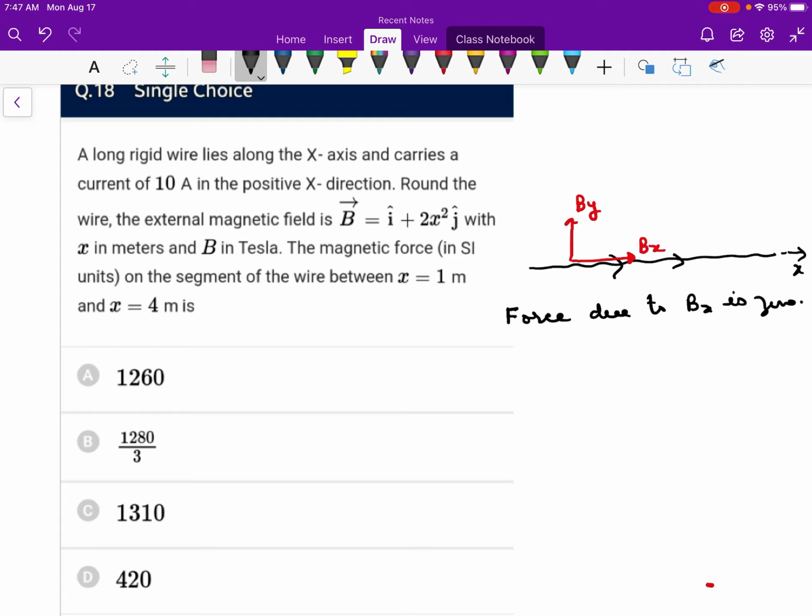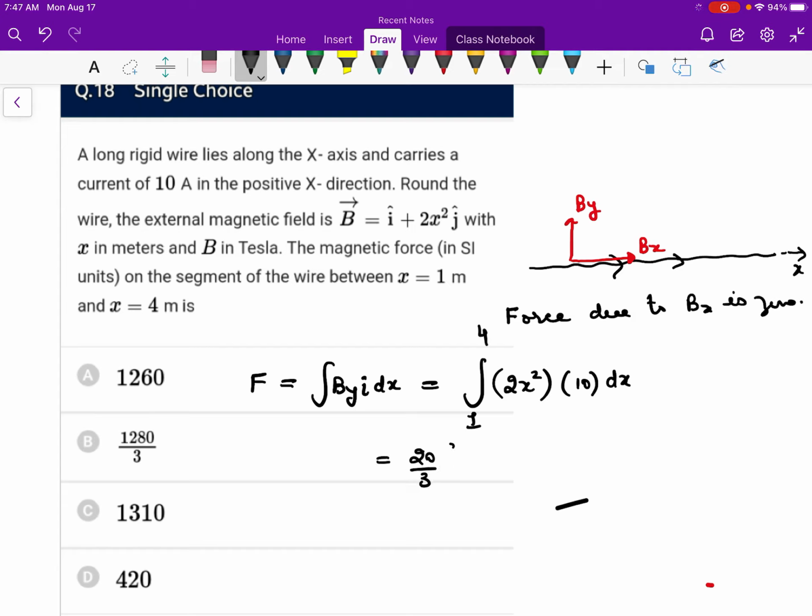So let's take an element at distance x from the origin of length dx. The magnetic field By is 2x square. So F is the integral of By I dx, which is 2x square times I, which is 10 ampere, times dx, integrated from x equals 1 to x equals 4.